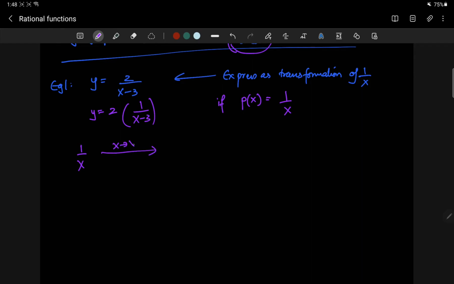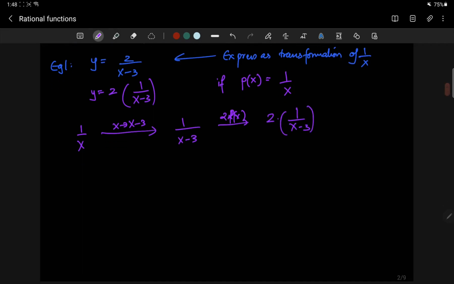If I replace x by x minus 3, I get 1 over x minus 3. And then if I do 2 times p of x, this becomes 2 times 1 over x minus 3.